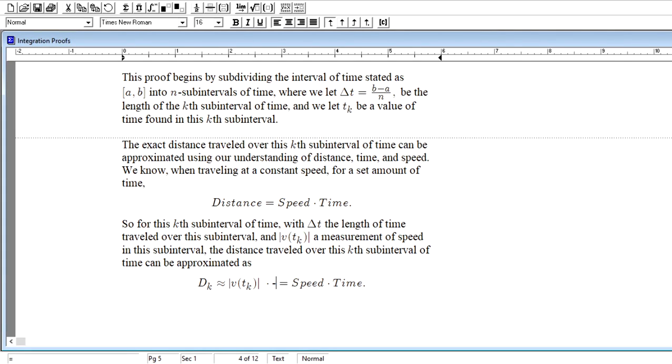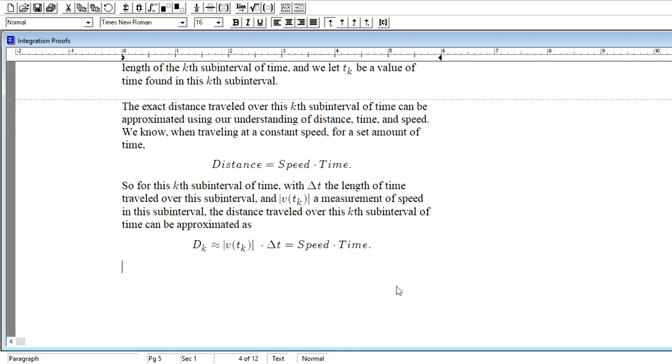Now, with being able to approximate the distance traveled over each of these k subintervals of time, we can calculate an approximation for the total distance traveled by summing up the approximations found in each of these k subintervals.